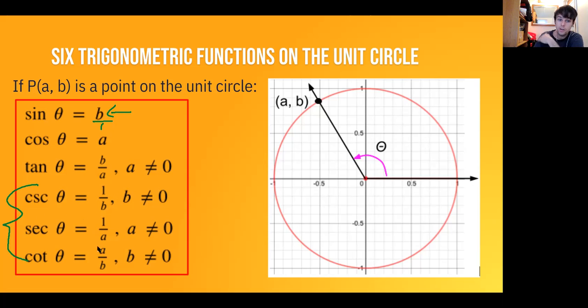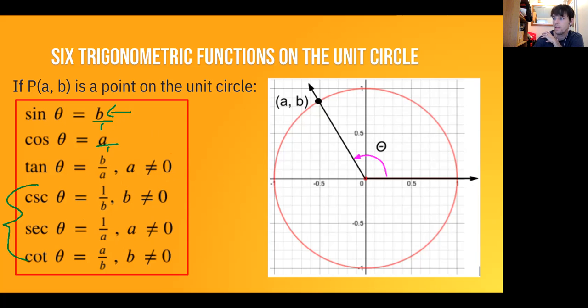Secant is 1 over A, so 1 over the x coordinate, which is the reciprocal of cosine. We take that one and flip it. And cotangent is equal to A over B, so the x coordinate over the y coordinate, which is the reciprocal of tangent. So these functions are very similar to these. They're based on them, related to them as reciprocals.